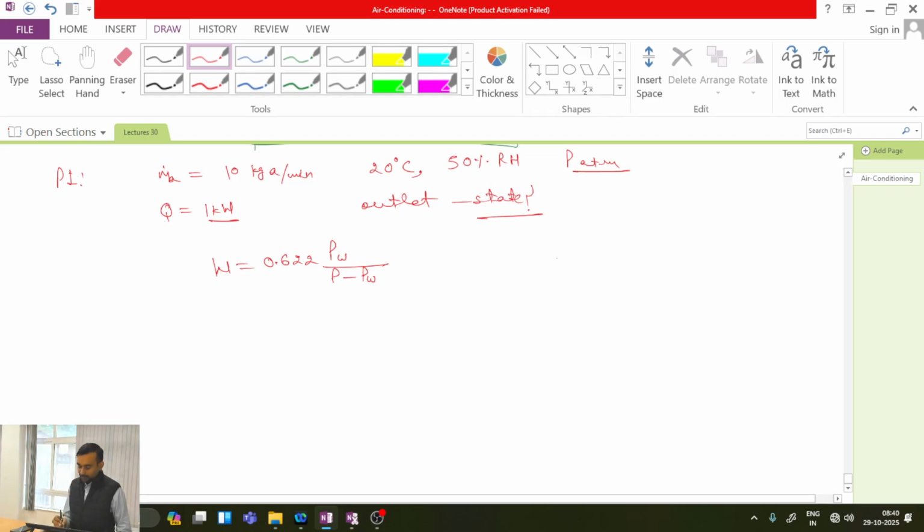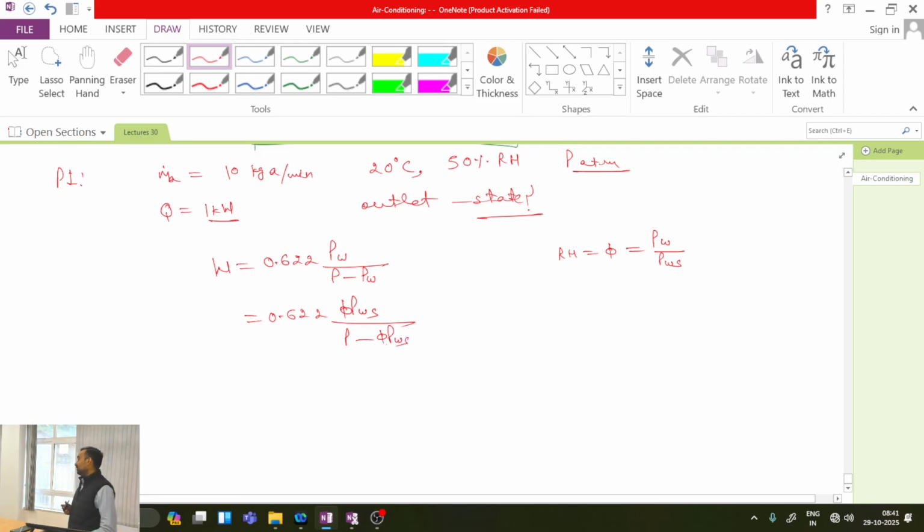What is the formula for relative humidity, which is typically given by the symbol phi? In terms of mass, but when we reduce it in terms of pressure, it is PW upon PWS. So PW can be replaced with phi into PWS. So W is 0.622 phi into PWS divided by P minus phi into PWS.